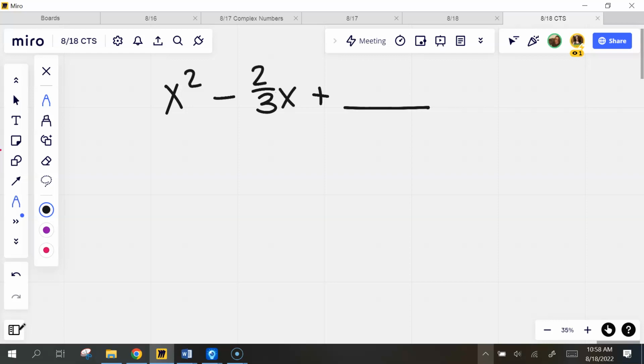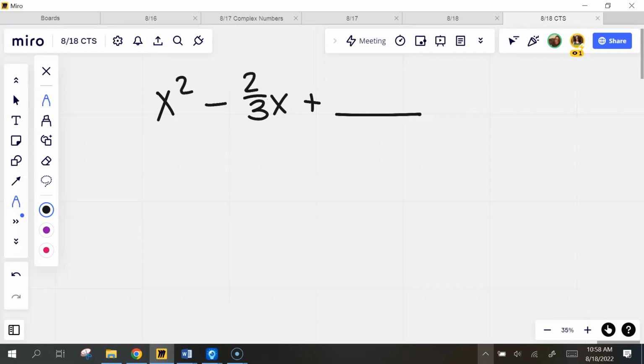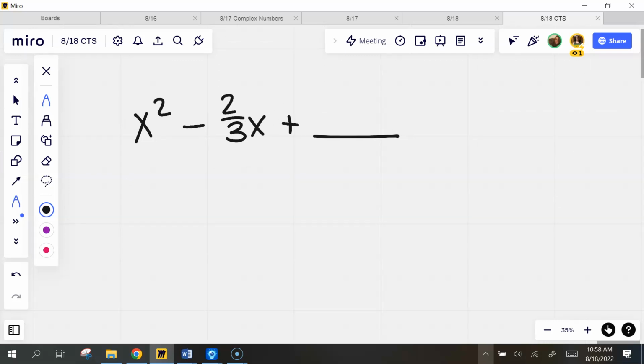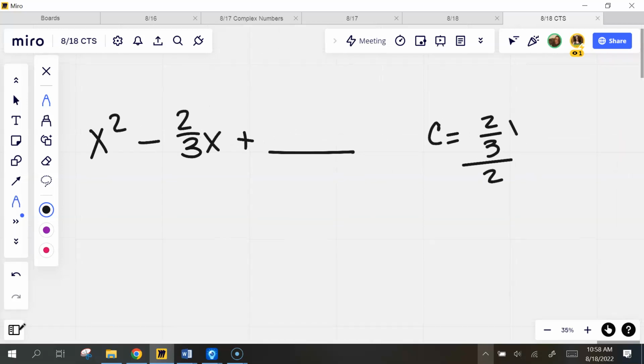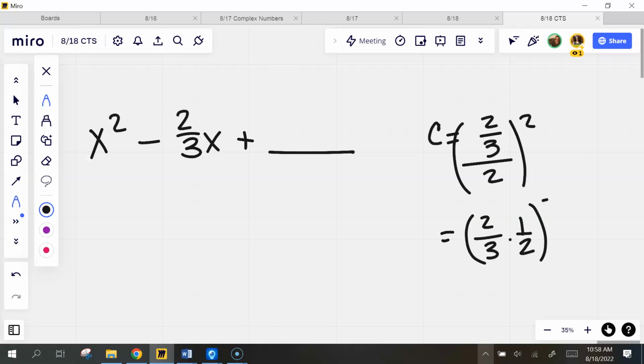This is just because Sullivan asked for a difficult one. It won't get any harder than this right now. It won't even be this hard today. My good C is going to be B divided by 2, but I don't want to divide a fraction, right? So instead of dividing a fraction, I multiply by the reciprocal.